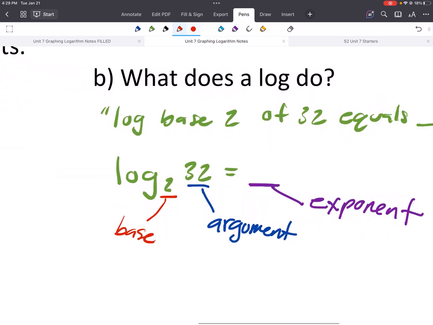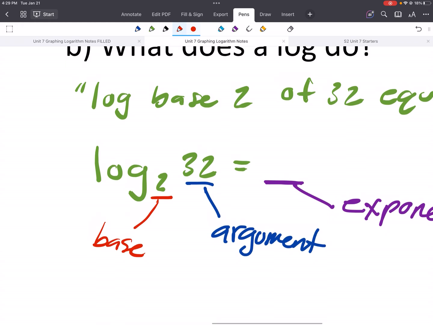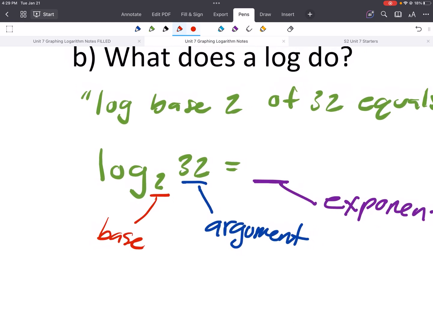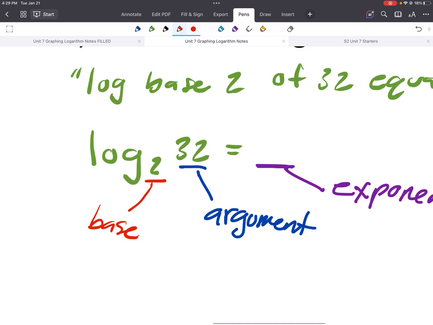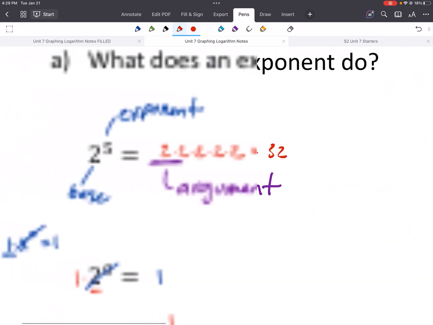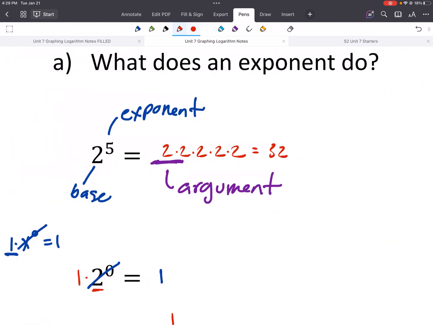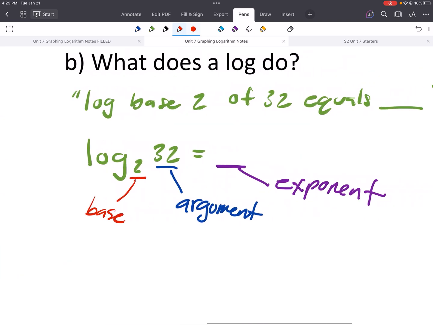Here is an example of a problem using logs. We would say log base 2 of 32 is equal to, and then we want to write down our answer. We're using the same sort of values. This is exactly the same as the example over here, just in log notation or log form.